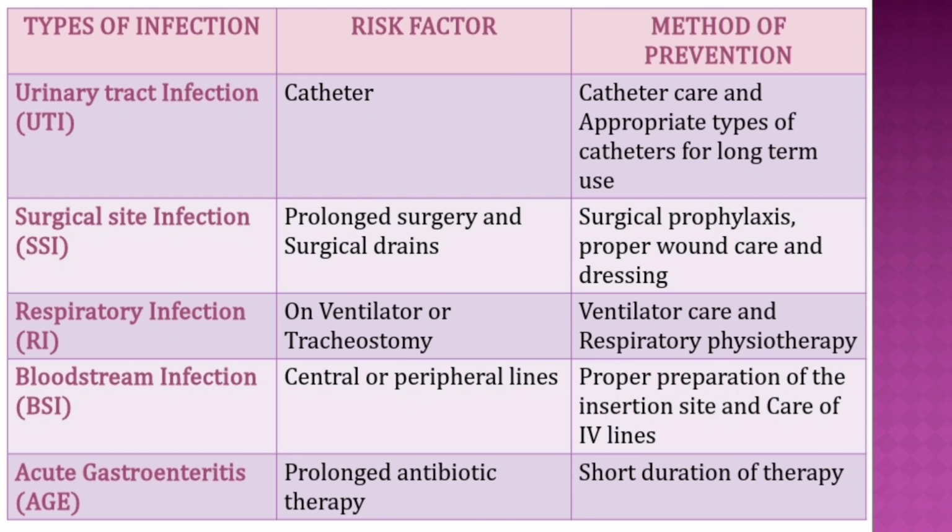For respiratory tract infection, the risk factor is ventilator or tracheostomy, so ventilator care and respiratory physiotherapy are needed. For bloodstream infection, the risk factor is central or peripheral lines, so proper preparation of the insertion site and care of IV lines is very important. Acute gastroenteritis occurs due to prolonged antibiotic therapy, so short duration of therapy is needed.